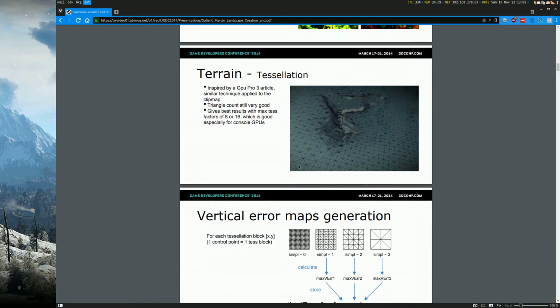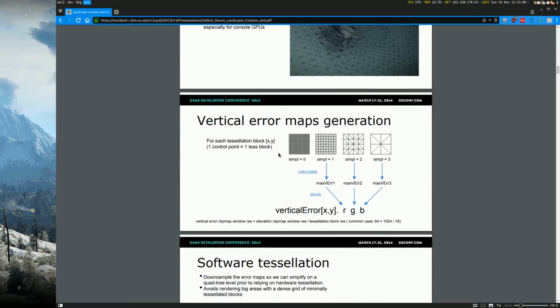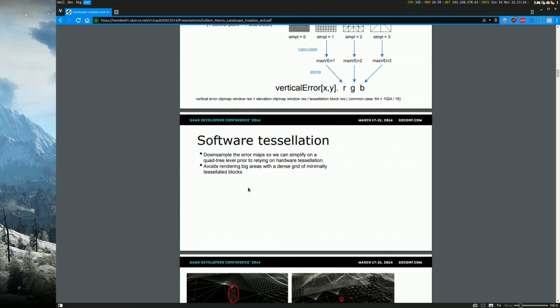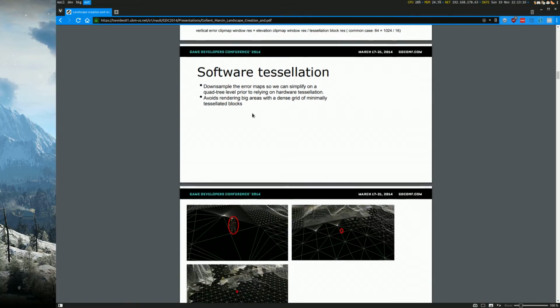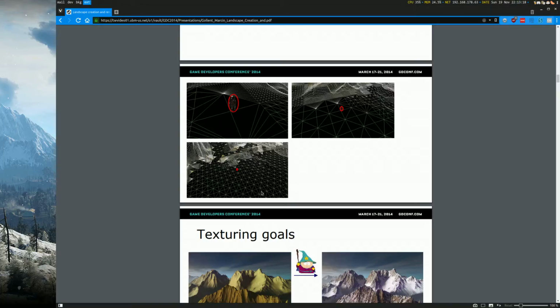So, and they use tessellation for the terrain apparently, and not a thing we're doing, I guess, maybe? After tessellation. Okay, interesting.